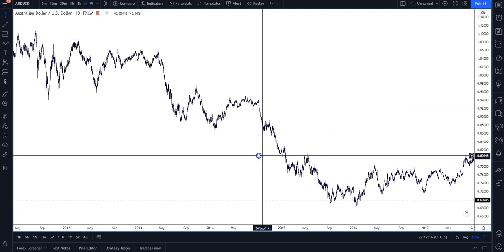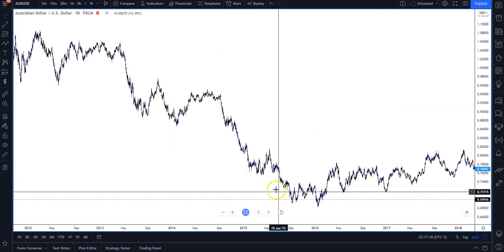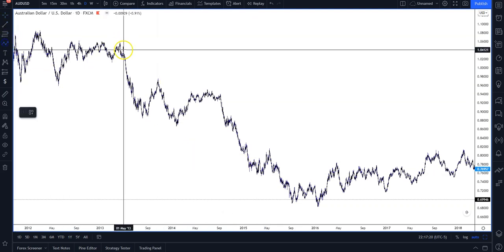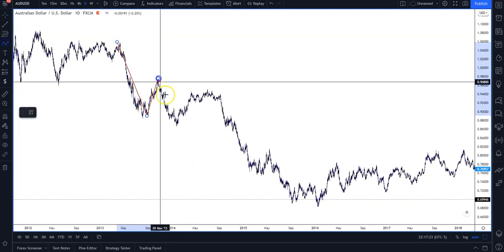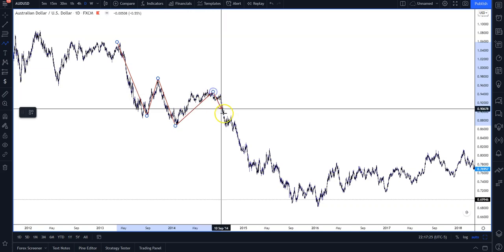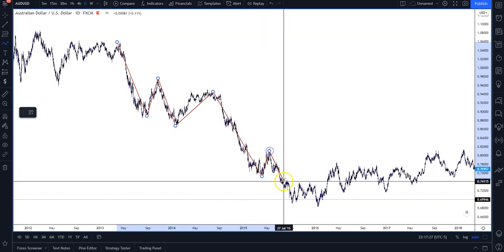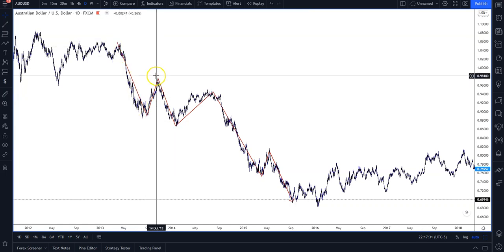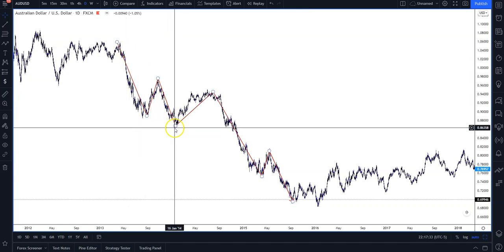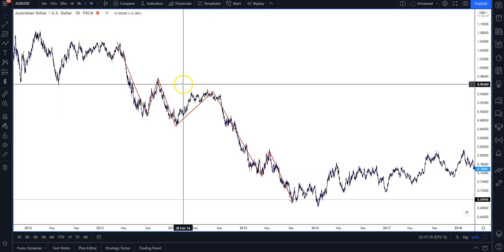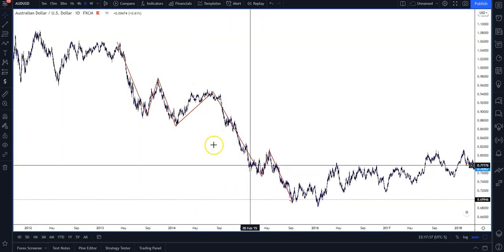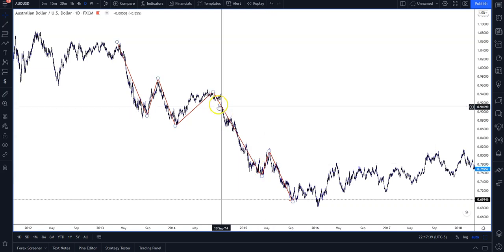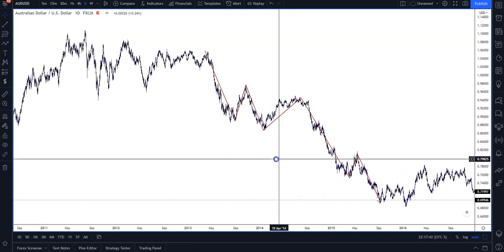So this is a greater move. See, high, low, lower high, lower low, lower high, lower low, lower high, and a lower low.